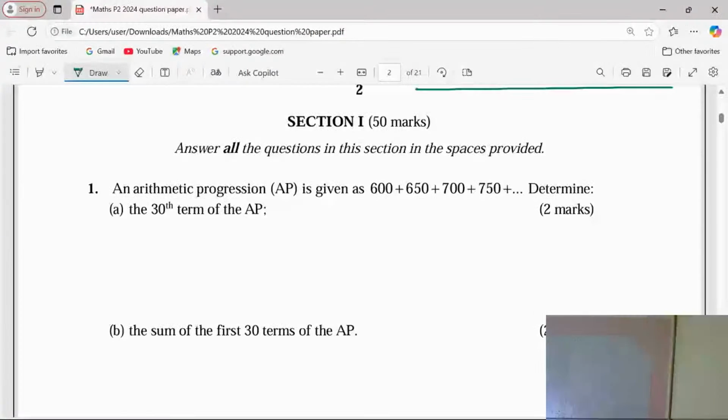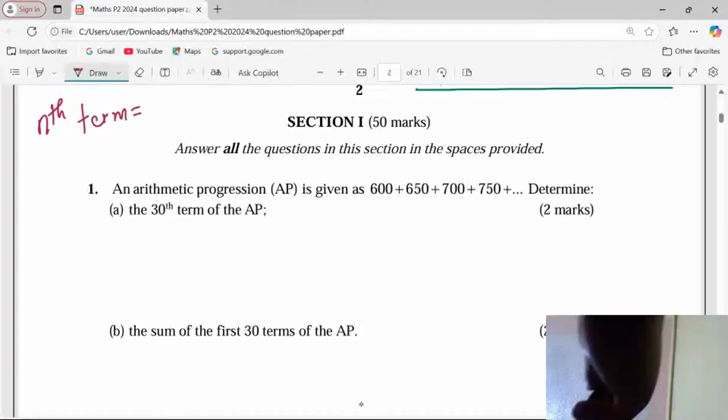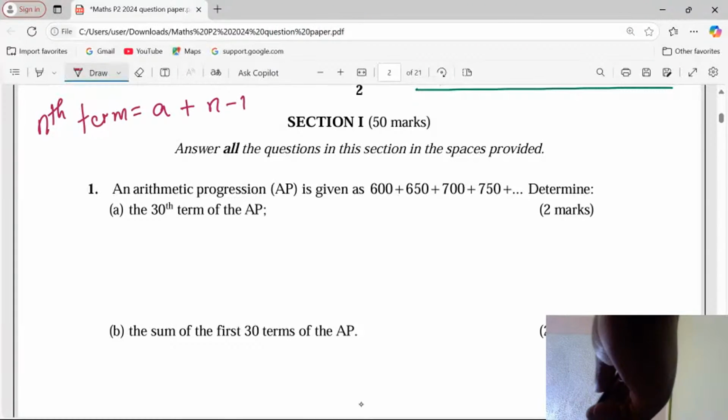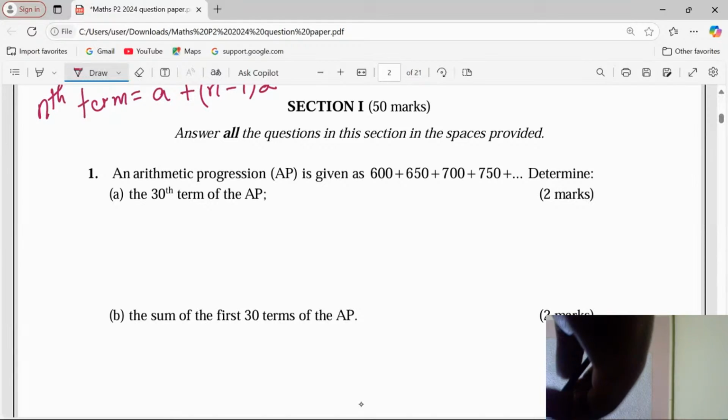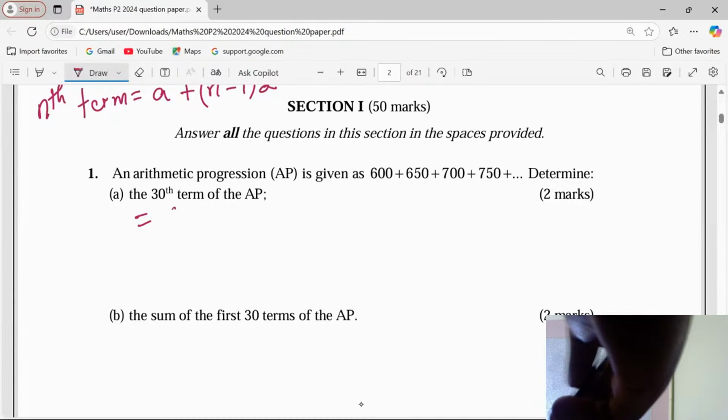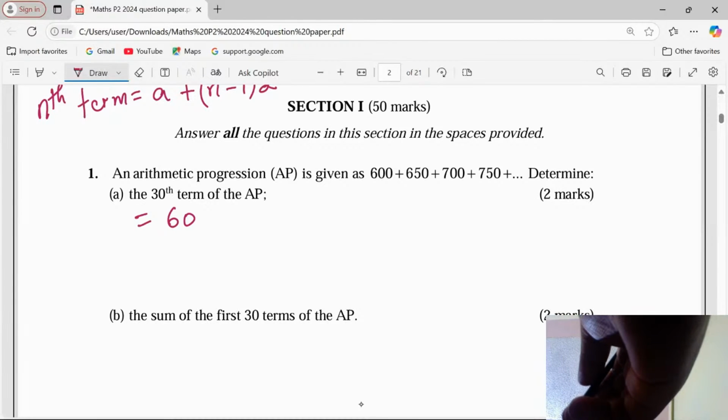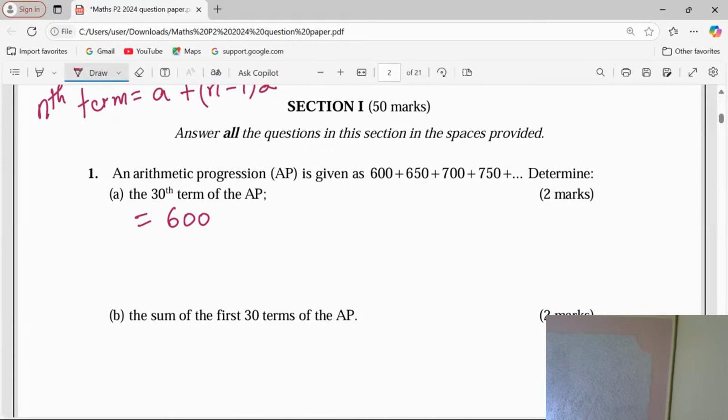In this case, an arithmetic progression is usually given by a plus n minus 1 multiplied by d. So what is a? In our case, the first term is 600.